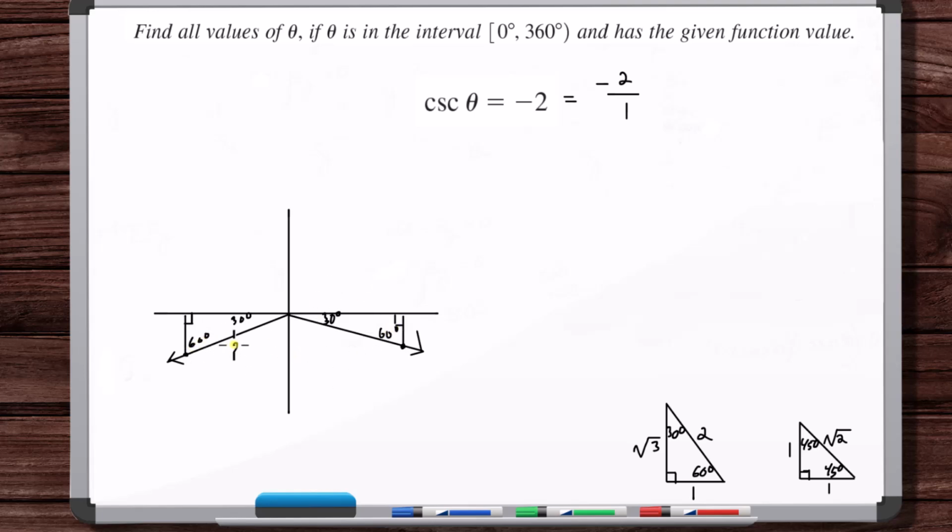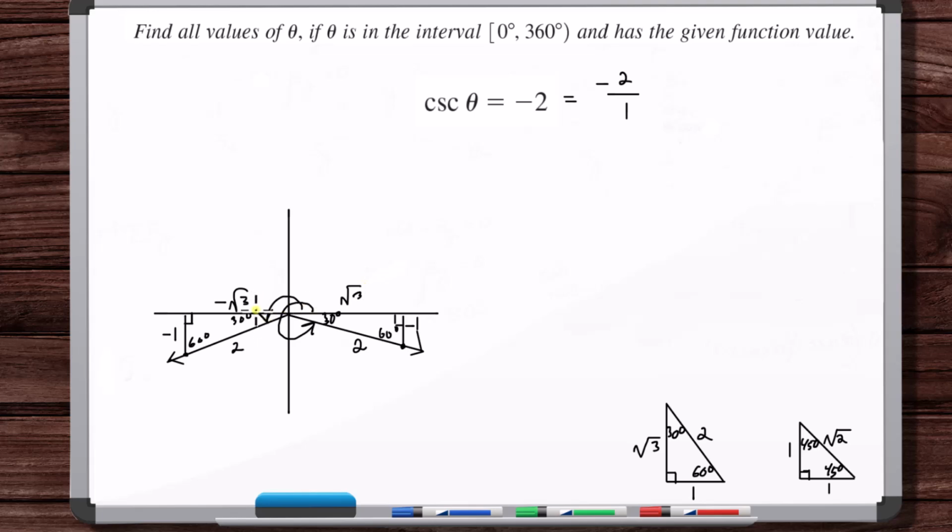All right, so this is 2, this is 2, -1, -1, positive root 3, negative root 3. I probably didn't have to draw out the whole triangle like this, but I'm just trying to show you. So what's the cosecant of, we've got this angle and we've got this angle.